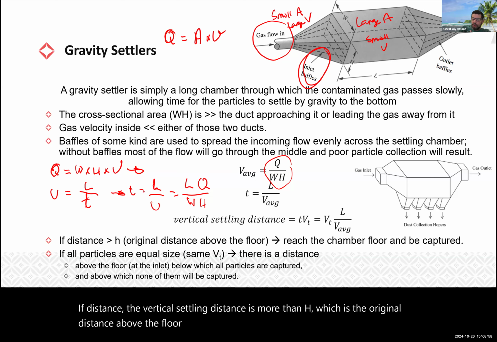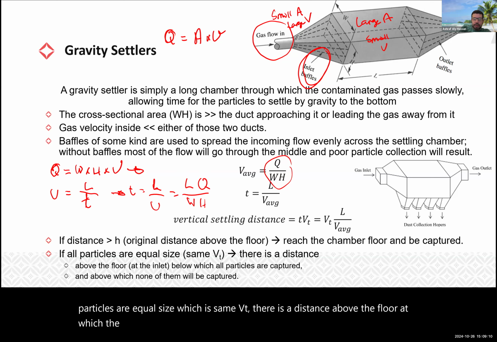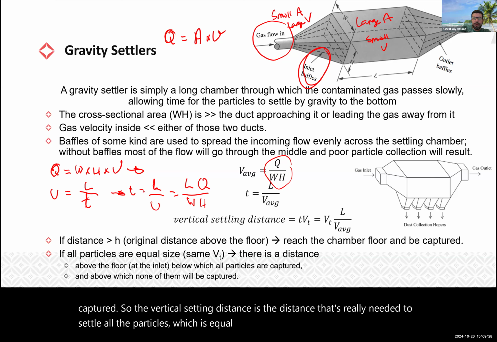If all particles are equal size, which is the same Vt, there is a distance above the floor at the inlet below which all particles are captured and above which they will not be captured. So the vertical settling distance is the distance needed to settle all the particles, which is equal to T times Vt of the particles. It's equal to Vt times L over V average.